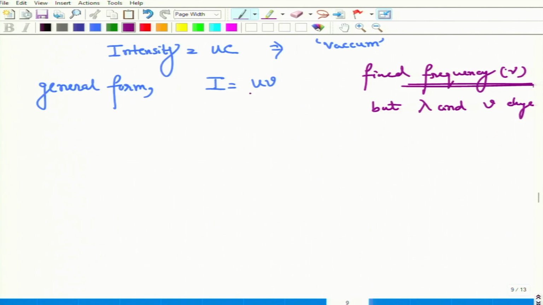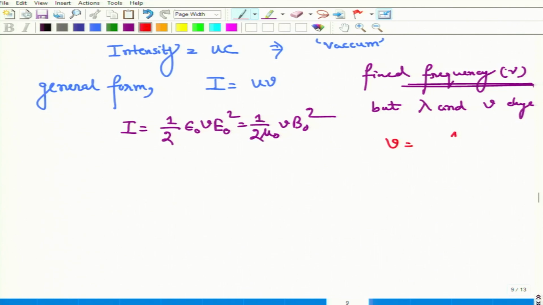So we know u. In general form, I is equal to 1 by 2 epsilon naught v E naught square, or half mu naught v B naught square. The form of v is 1 by root over epsilon mu.